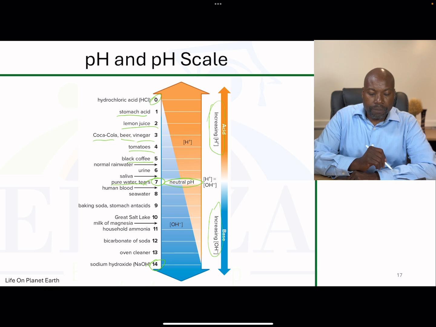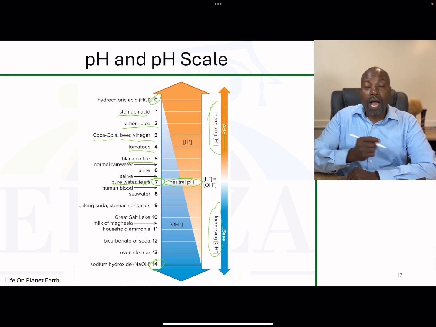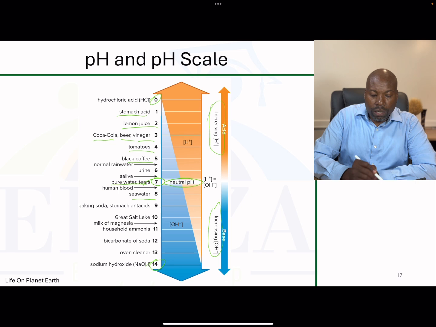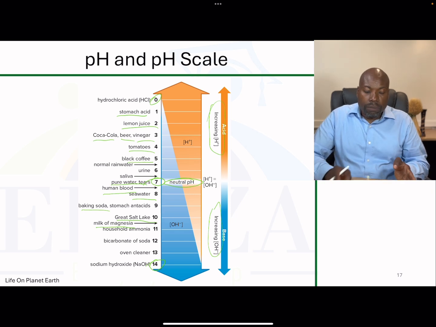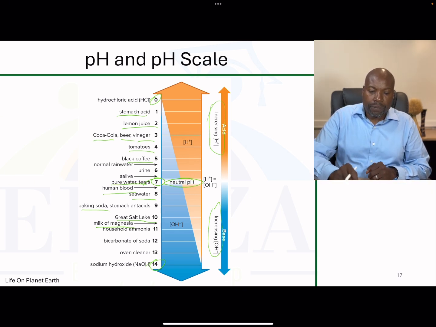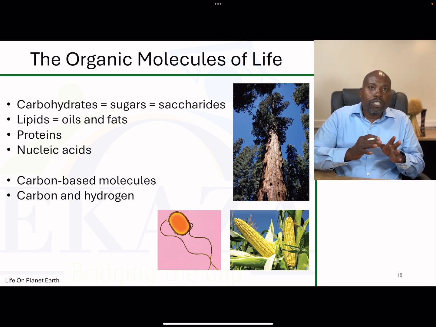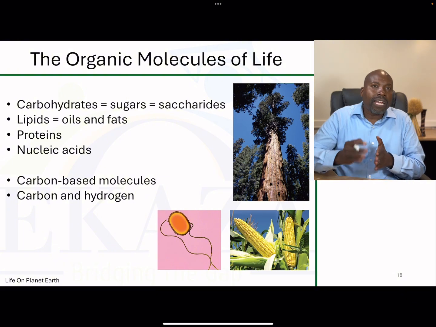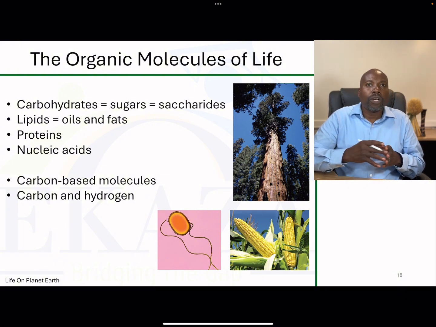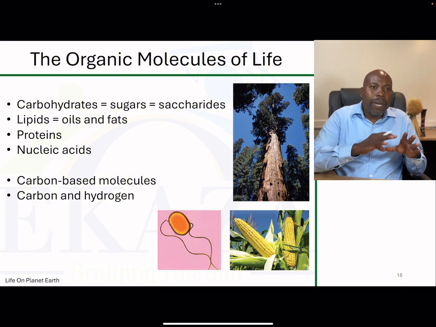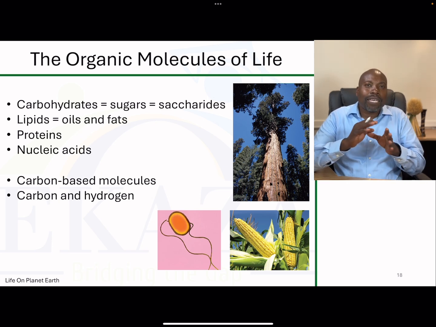Black coffee, while other substances are basic, including seawater, the human blood, baking soda, the Great Salt Lake, okay, milk of magnesia, are all basic substances, okay? So this actually is going to close the first segment of this chapter that focused on the basics of the chemistry of life.